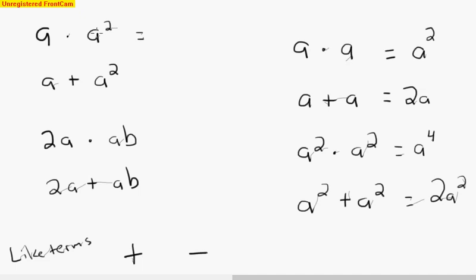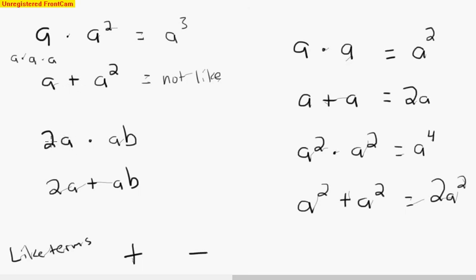a times a to the second is a to the third. If we thought about that, this would be a times a squared, which is a times a times a, so it's a to the third. However, a plus a squared can't be done. They're not like terms. You can't add them. It's like adding an apple and an orange. So although we can multiply them, we can't add them.